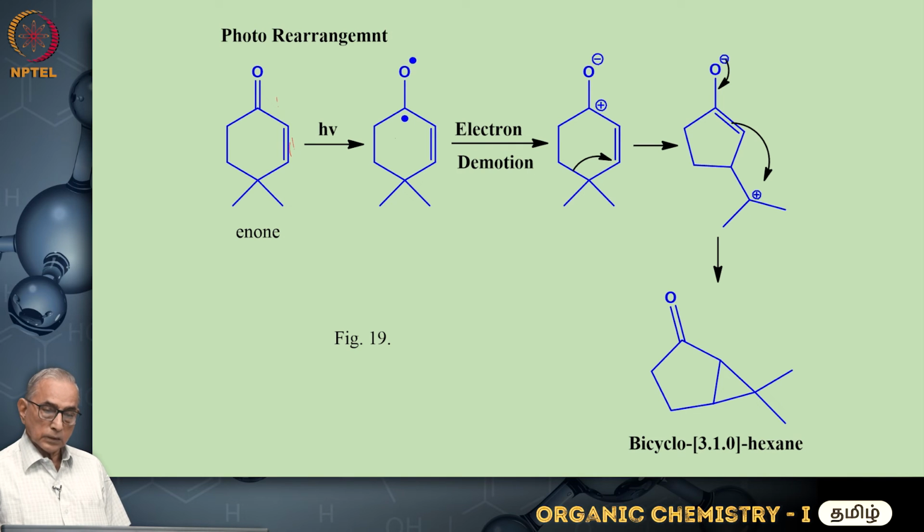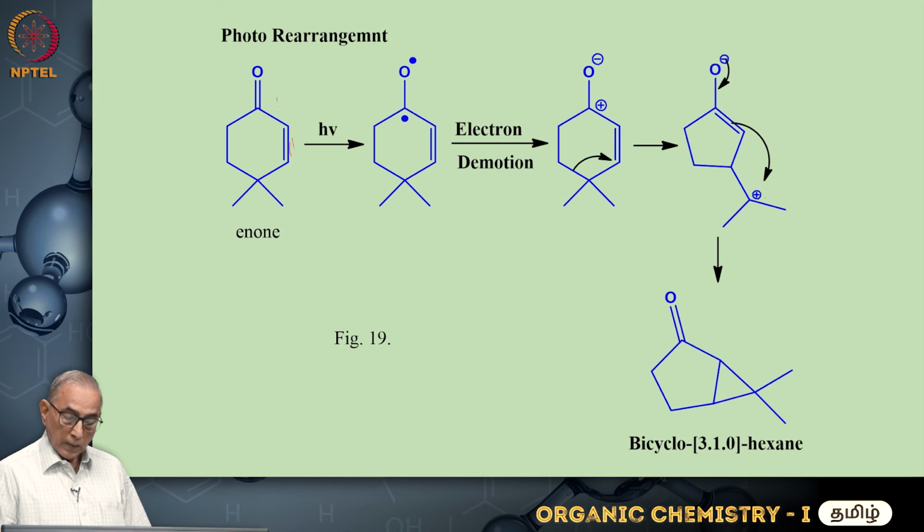The electron changes its position. You get electron demotion from higher energy state to the lower energy state, and from this the negative charge comes down to the oxygen, and then this bond comes down to here, and this goes to here. So this is the rearrangement that takes place, and when this attacks this, you get a 5-membered ring fused with a 3-membered ring. It's a very interesting type of reaction.